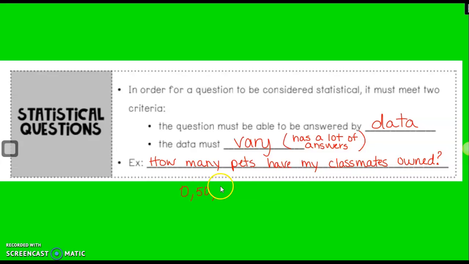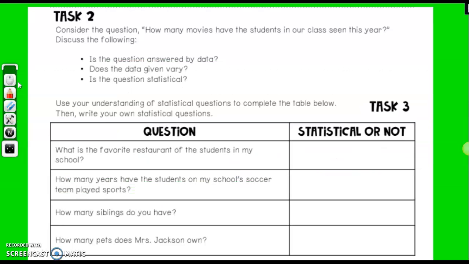Some people are going to say that they've had 2, 6, 5. Somebody might say 2 again. This is going to produce a lot of answers. That's why we want this type of question. That's what makes it statistical. You have to be able to collect data, and you have to have a lot of answers that it could be.